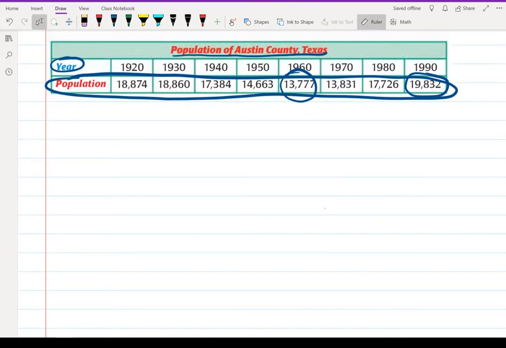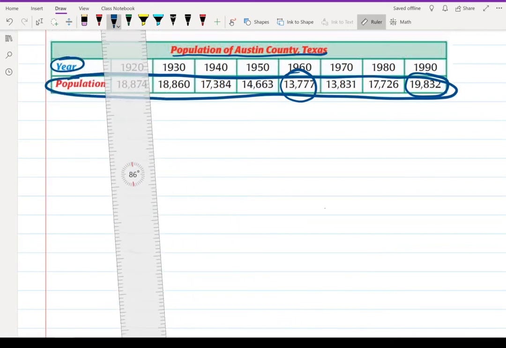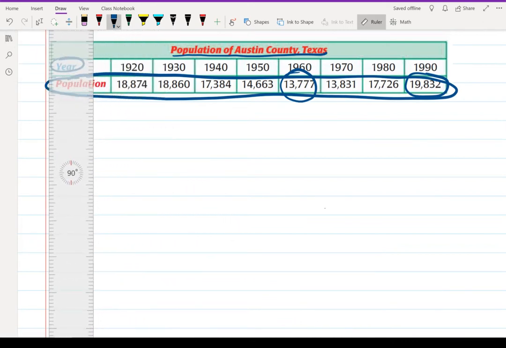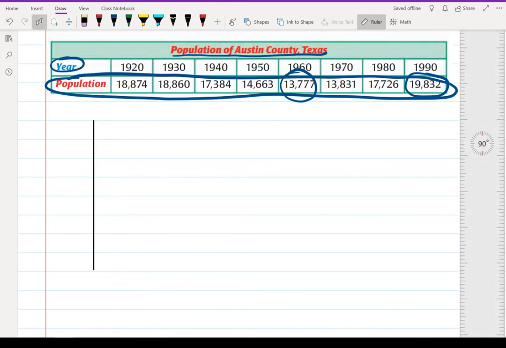I have my pseudo ruler here. I need to figure out how to, oh, there, that's kind of cool. Okay, so I have a ruler. I'm gonna draw my line like this, okay? Now, when I look at my data, 19,000 is my biggest data over here, okay? So I'm going to put my biggest number as 20,000.